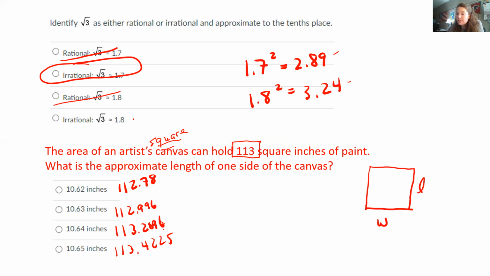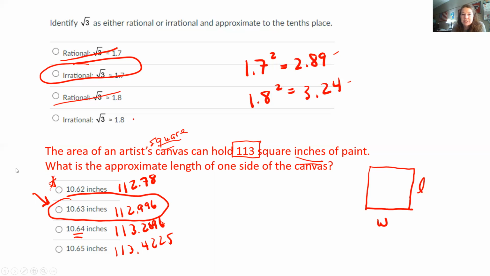So which of these numbers is closest to 113? This one, right? If we only had 113 square inches of paint, this one would need more than 113. I could fill up my canvas with this, but this is the closest answer, letter B.